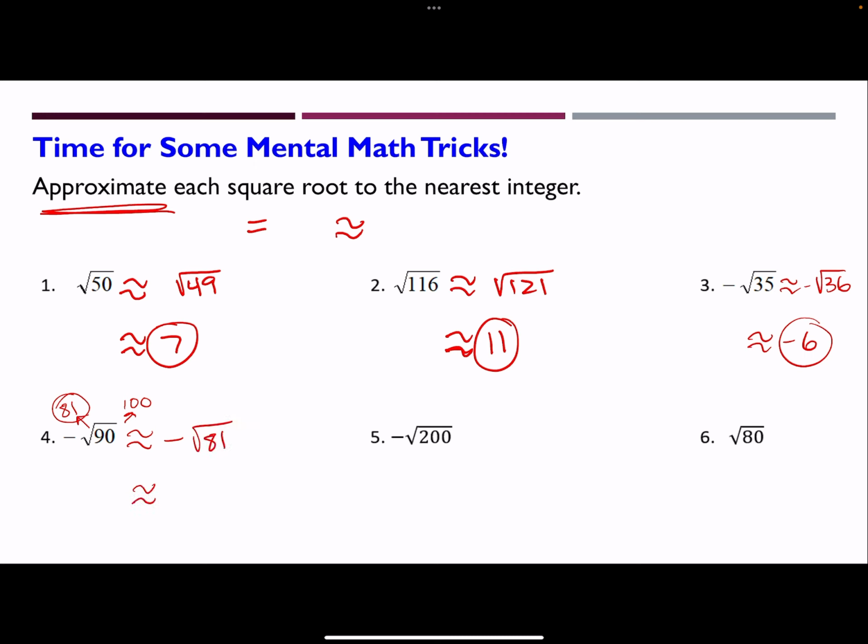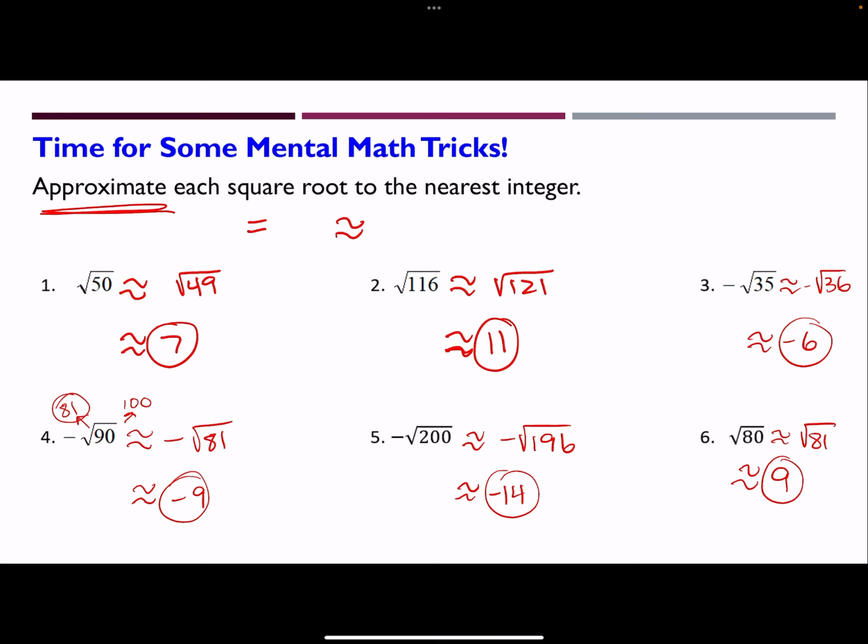Although, to be honest, it's really kind of halfway. So this will be close to the square root of negative 9. The negative square root of 200 is close to negative root 196, so it'll be close to negative 14. And then this is really close to square root of 81, or in other words, 9.